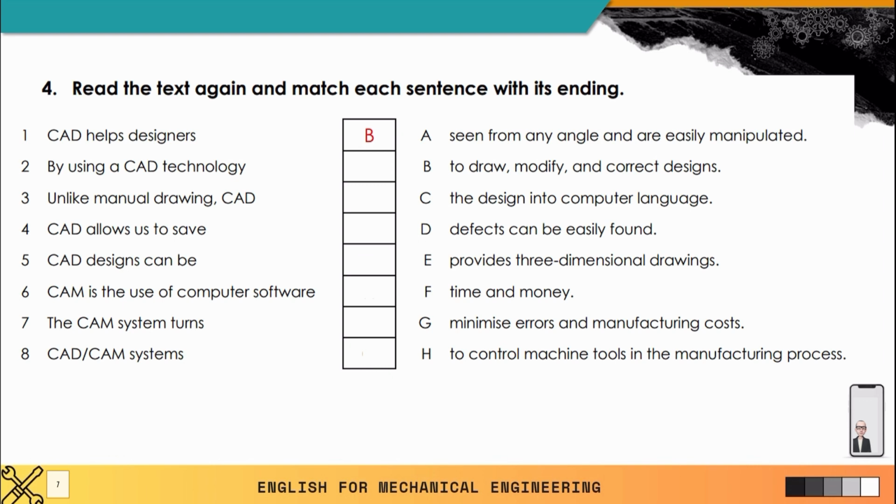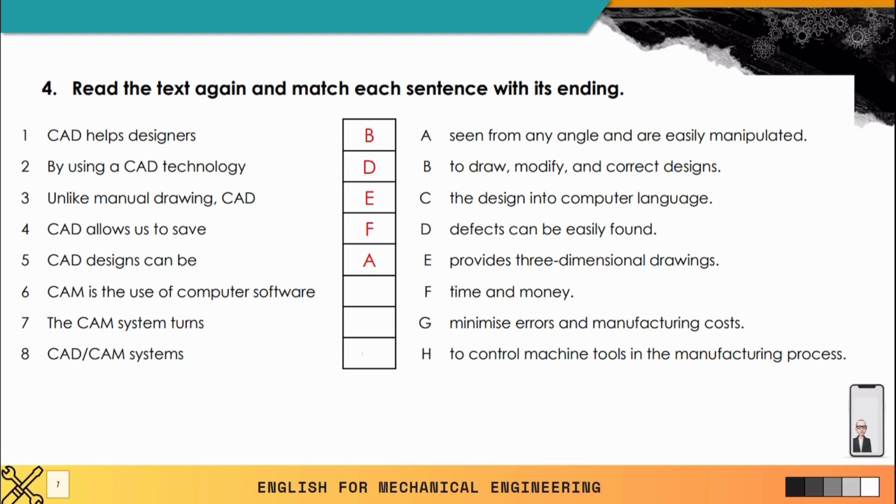CAD helps designers to draw, modify, and correct designs. By using CAD technology, defects can be easily found. Number 3, unlike manual drawing, CAD provides three-dimensional drawings. CAD allows us to save time and money. CAD designs can be seen from any angle and are easily manipulated.